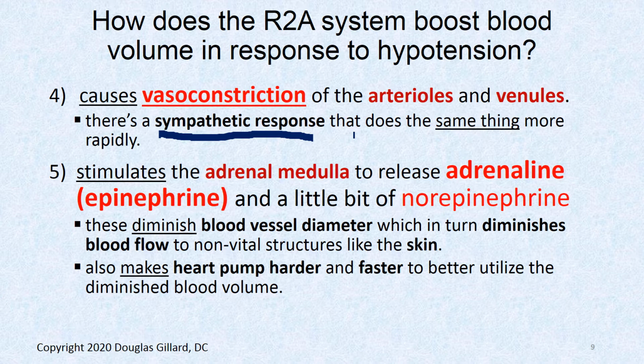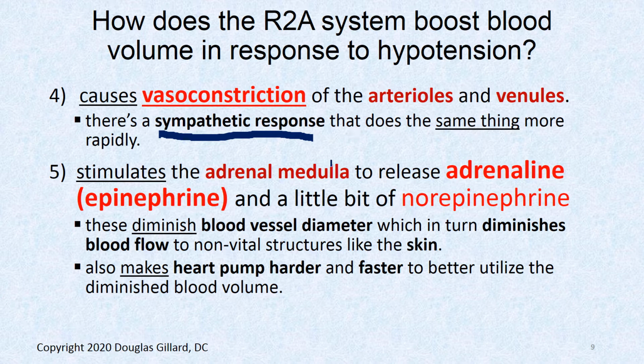It stimulates the adrenal medulla, we said already, to release epinephrine, aka adrenaline, and a little bit of norepinephrine, aka noradrenaline. So those vasoconstrict as well to boost blood pressure.